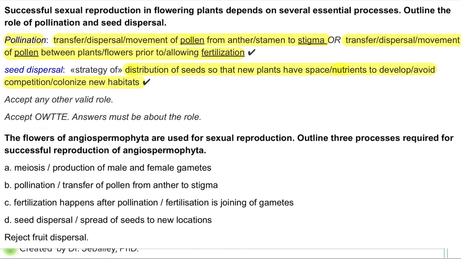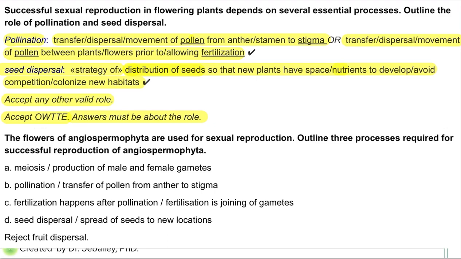So it's basically you saying the distribution of seeds. Accept any other valid role. Answer must be about the role. So once again, seed dispersal is just throwing the seeds to another area, maybe an area that has more nutrients. Pollination is getting the pollen out of the anther, into the stigma, all the way to the ovary.